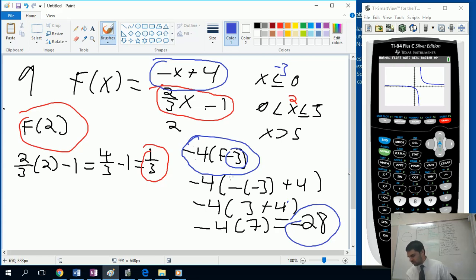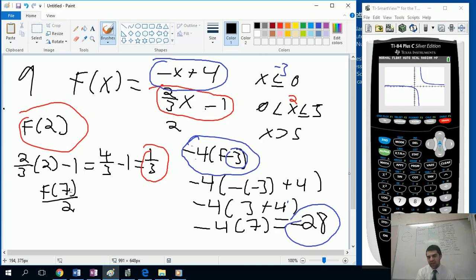And then we're going to have f of 7 over 2. Well, f of 7 is going to be equal to 2 when x is greater than 5.